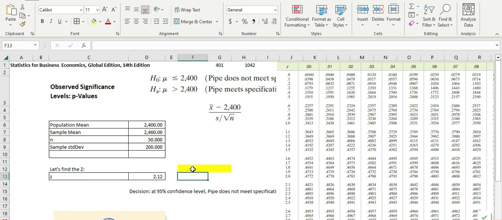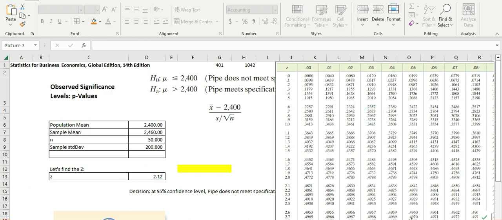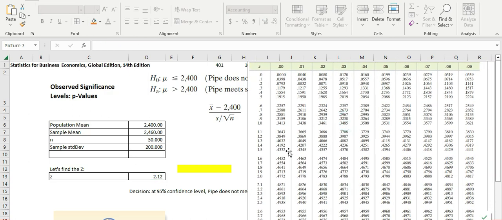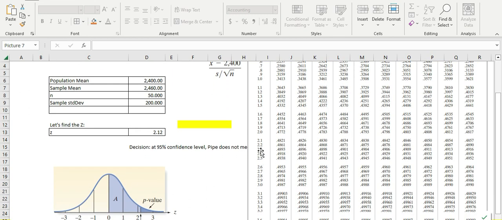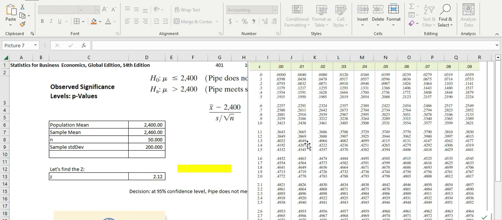To get the p-value, we need to find first the z-value here. This is the z-value table. We will find here the 2.12. So 2.12 is 2.1, and then we look for the 2 here, since the second decimal is 2.